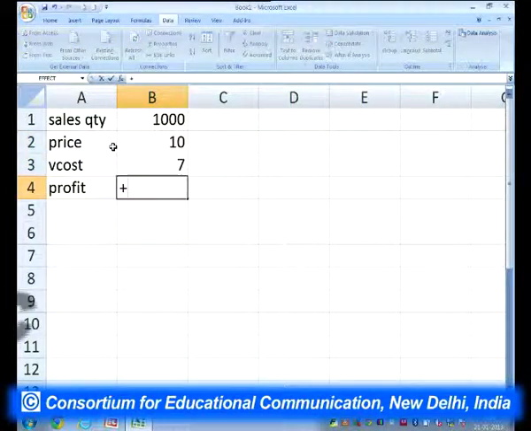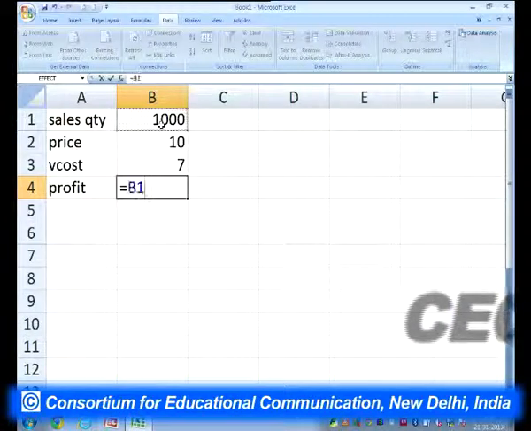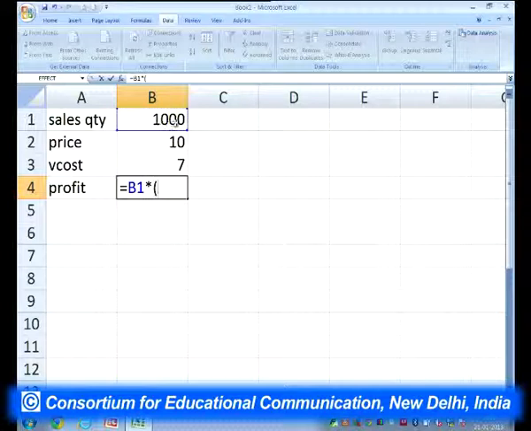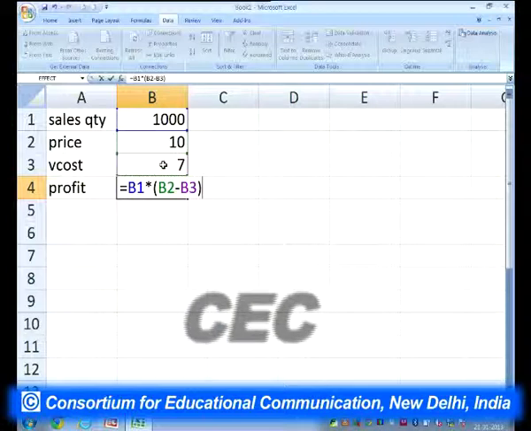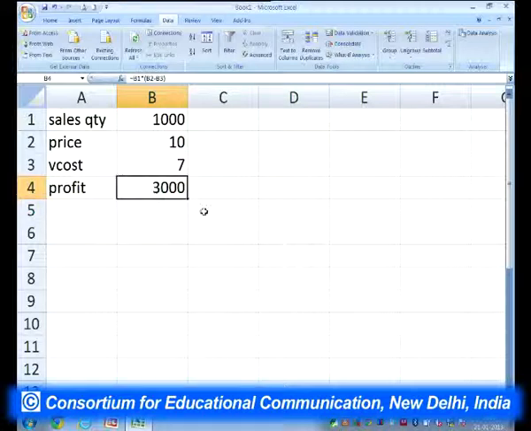Now here I am using a reference, I am using a formula. This is important: sales quantity multiplied by price minus variable cost, and I put it here. Now this is one way of doing it, where I have actually created a reference.